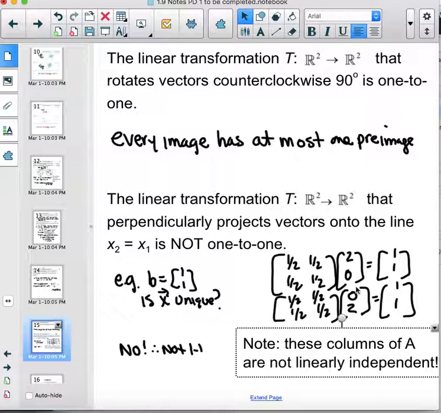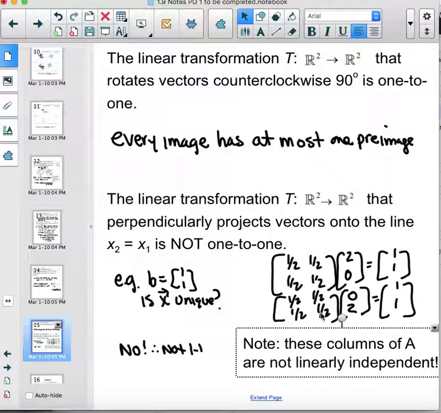So here, if I took 2, 0 as my input, I would do Ax equals b and get that b. However, that input is not unique because Ax, when x is 0, 2, Ax is also that same 1, 1. So it's not one-to-one since x is not unique.